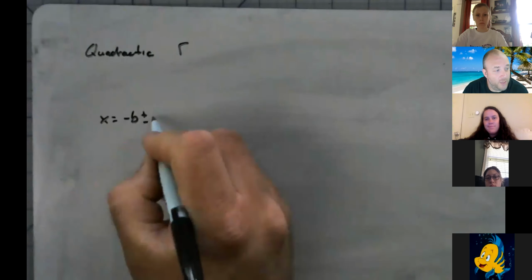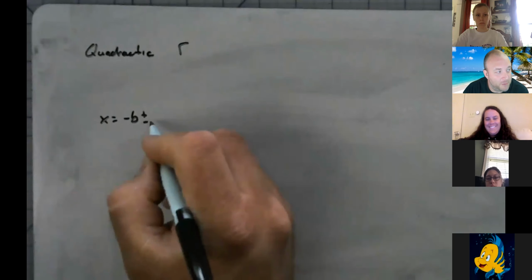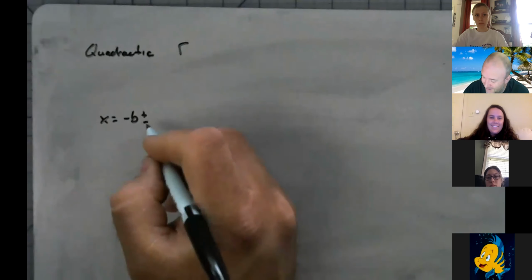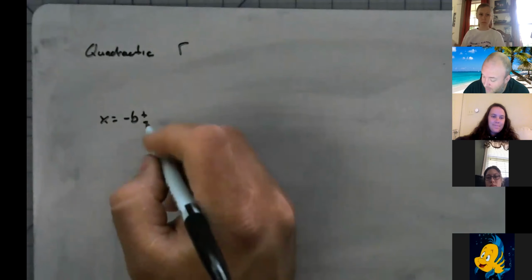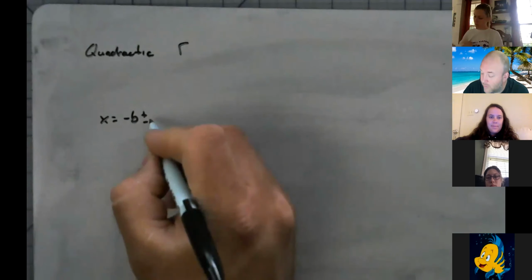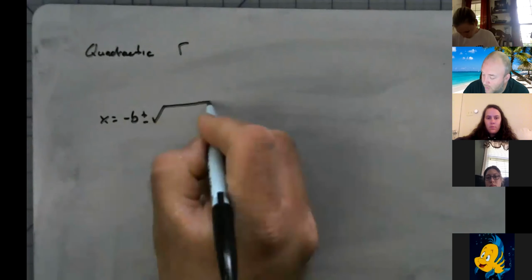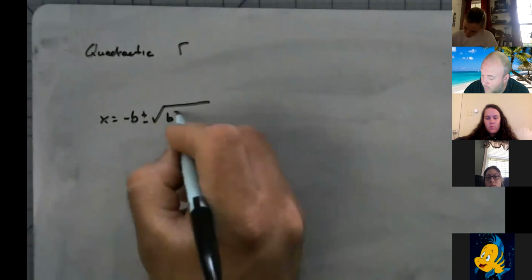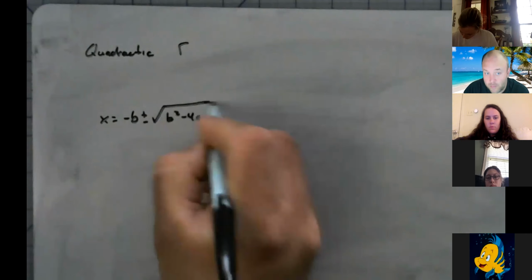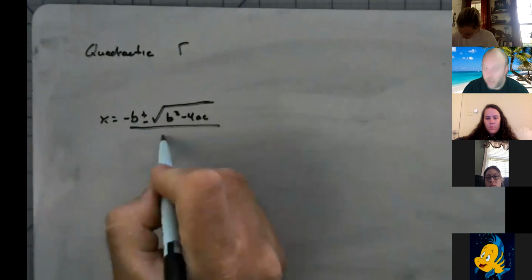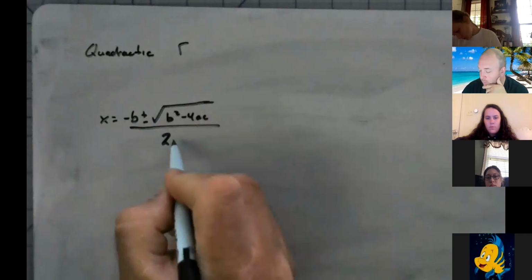Okay, so you want to say that one more time, Thomas? Yeah, not wrong. So x equals negative b plus or minus, and then in a radical b squared minus 4ac, and then that's all divided by 2a. Very good. So there's our quadratic formula.